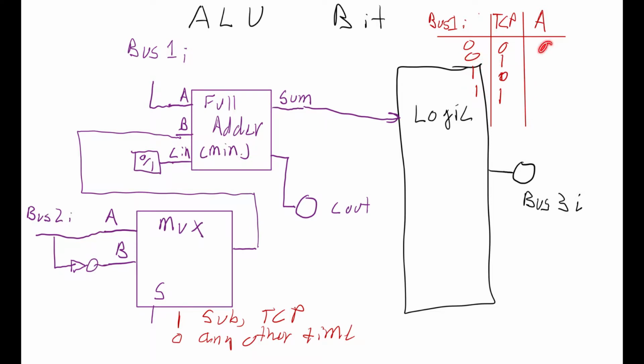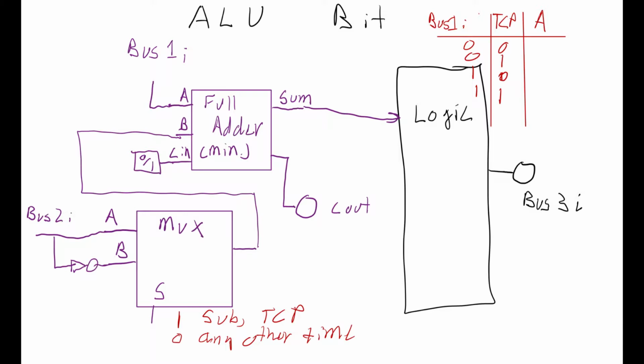If 2's complement is off, we want whatever bus 1 is. So if bus 1 is 0, we want this one to be a 0, and if bus 1 is 1, then we want this one to be a 1. However, when you're taking the 2's complement, we don't want to add bus 1 in at all, so we always want 0 to be our output.